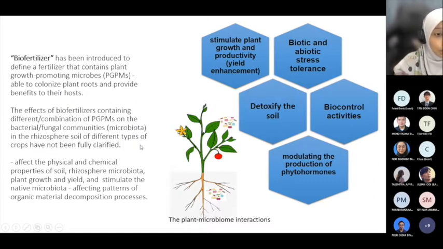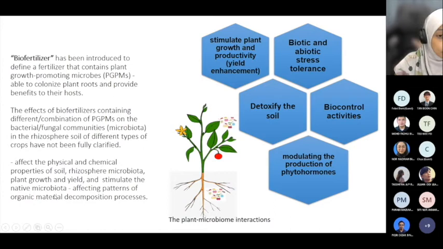So people are now looking at the effects of all these biofertilizers, some applied singly, some in combination, and maybe different combinations, and people are looking at the effects towards rhizospheric microbes. The effects could be in terms of physical and chemical properties of soil, rhizosphere microbiota, of course plant growth and yield, and perhaps stimulating the native microbiota.